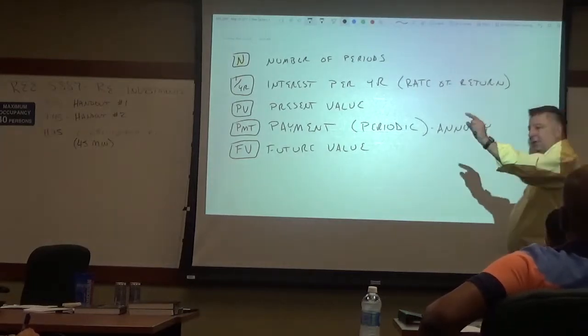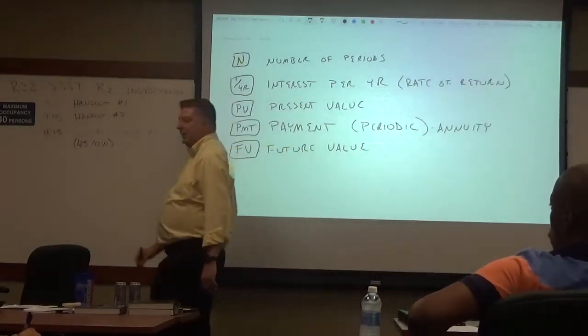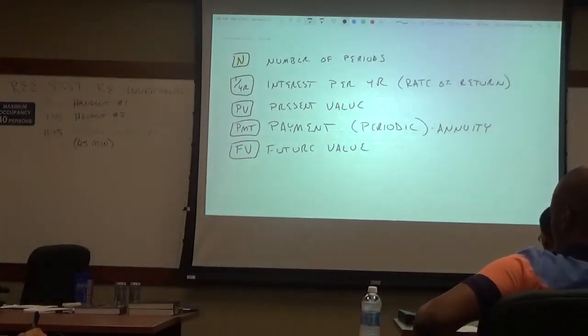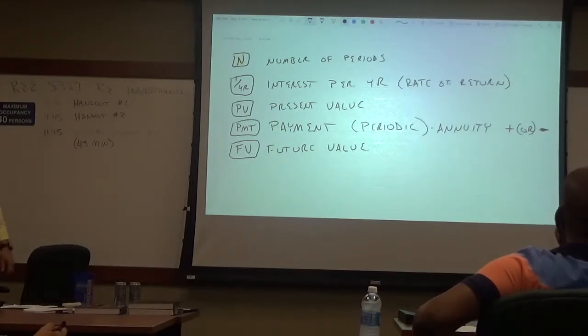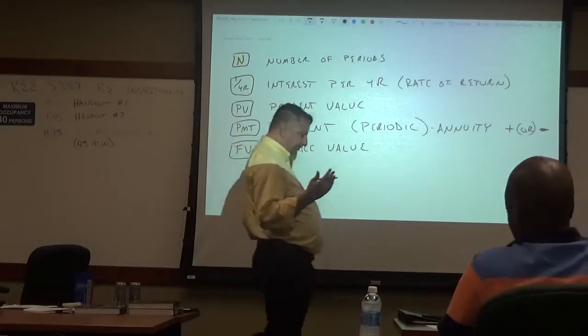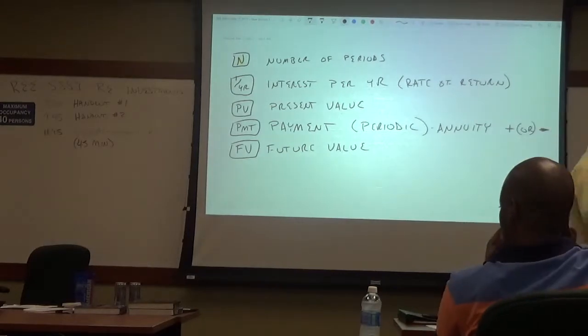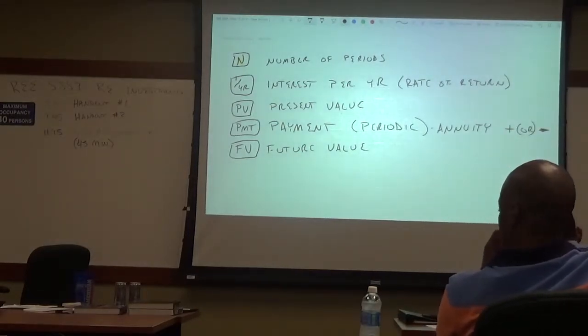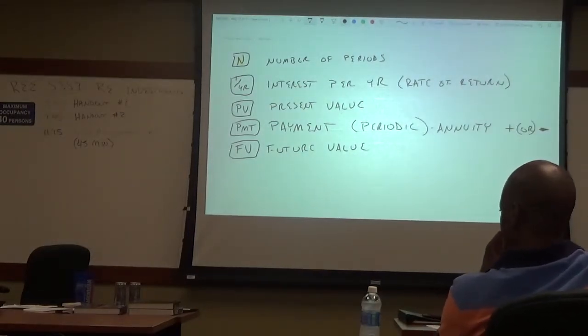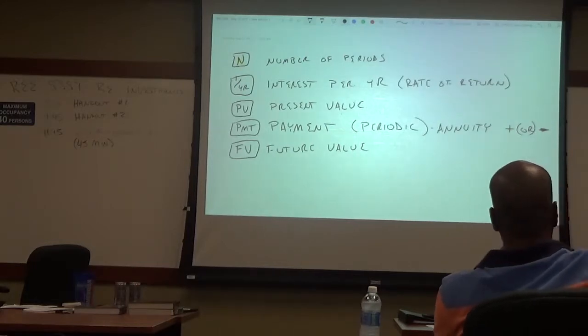That actually brings up an interesting point. You notice what I just said: this could be plus or minus. Think about it like this. If I am making a mortgage payment to a bank, is that a plus or a minus to me? Minus. But to the bank, it is what? Plus.